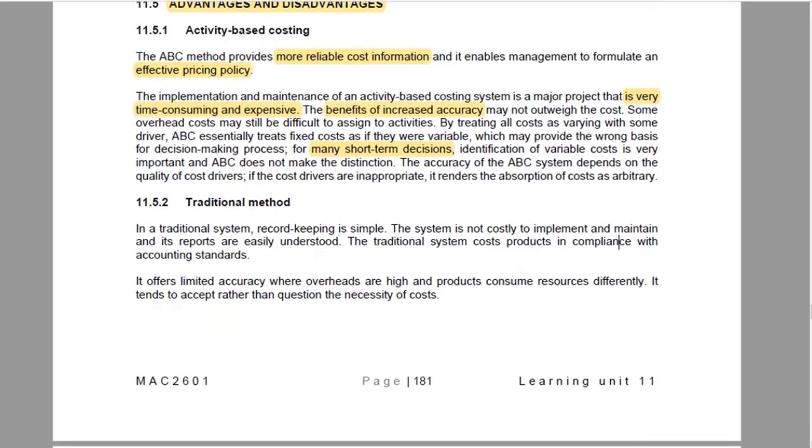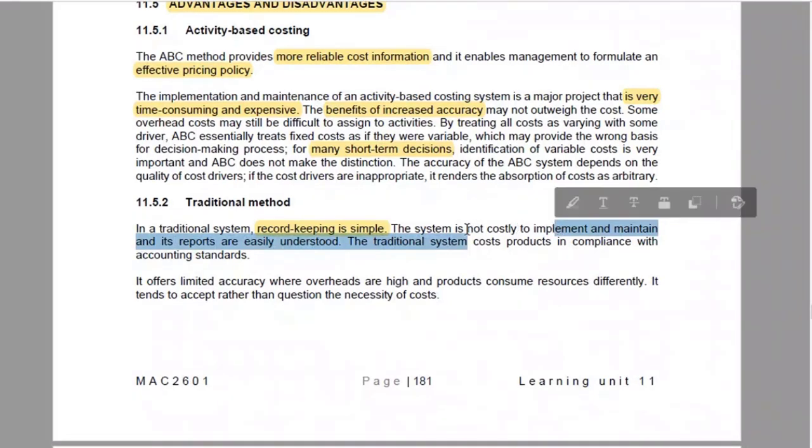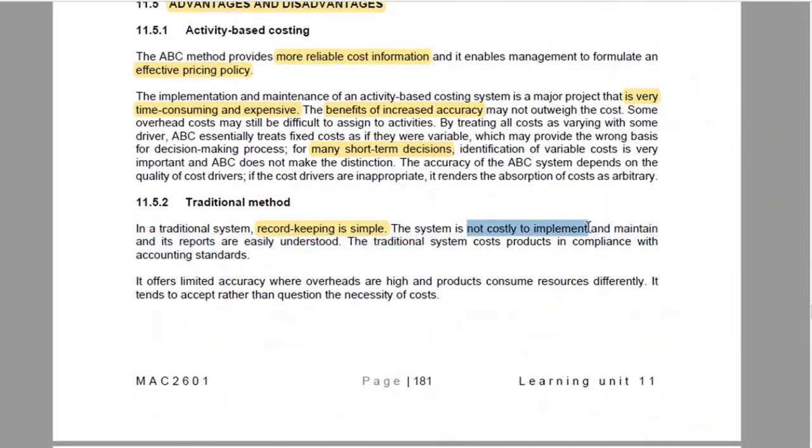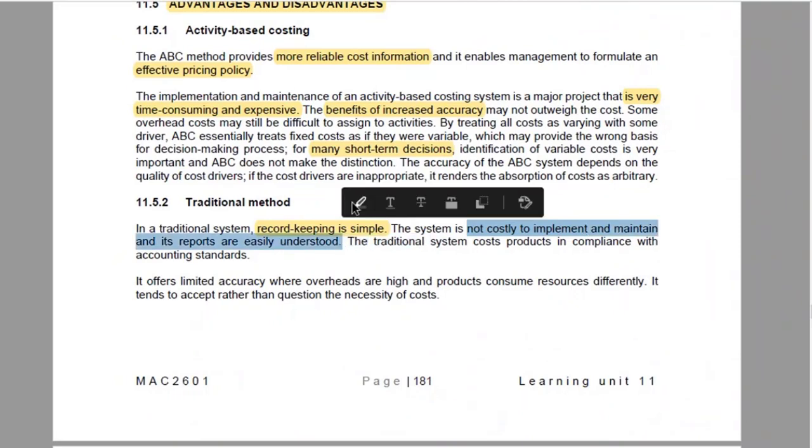Know them by heart, because as I've said, some questions are theory questions. In terms of the traditional method, it's simple to use. It's very easy because it's a blanket way of just allocating your cost. It's not as complex as ABC, so it's not costly to implement. If it's easy, that means it's simple and it's not costly.